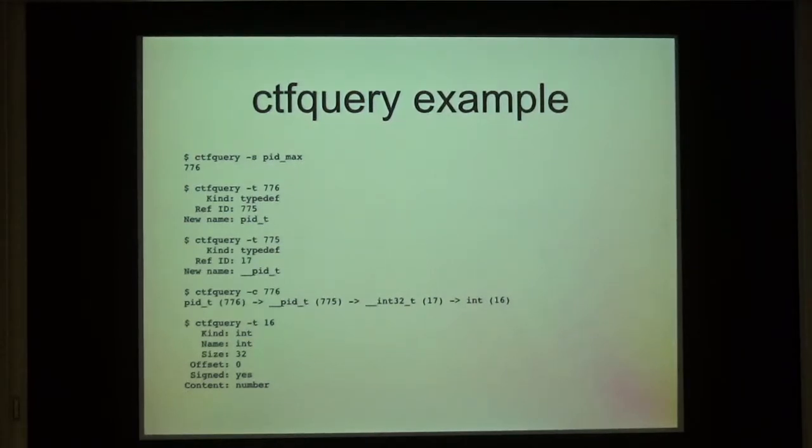Not really. Of course you could do that: just give me the type of the symbol, which is the 776, which is the definitive information for CTF. I mean, it is of that type, which is the type they've created.